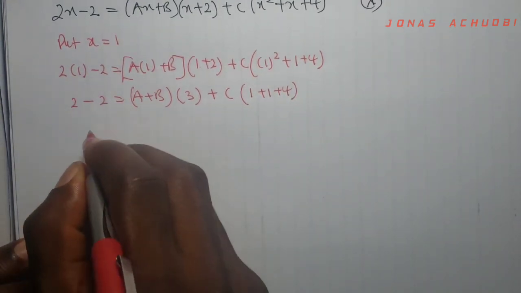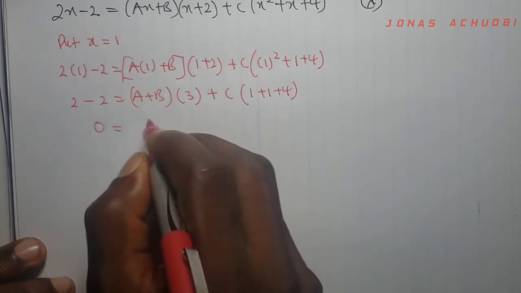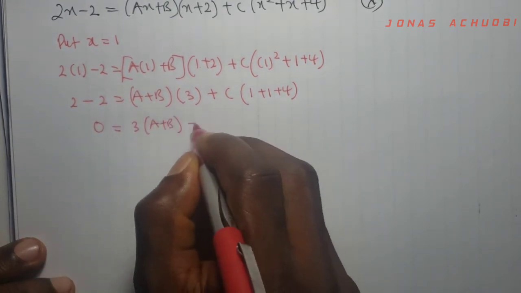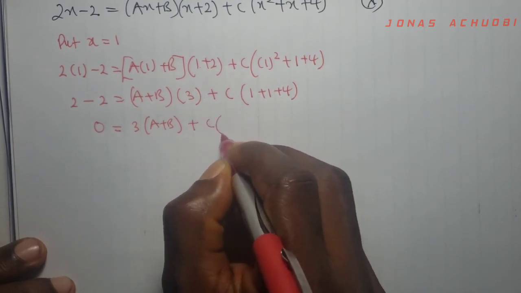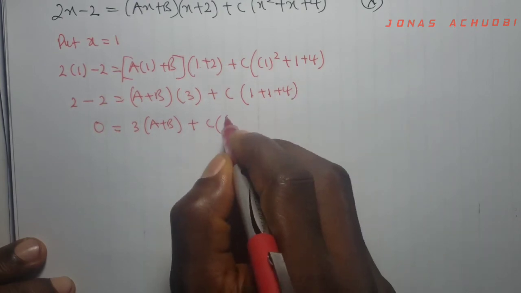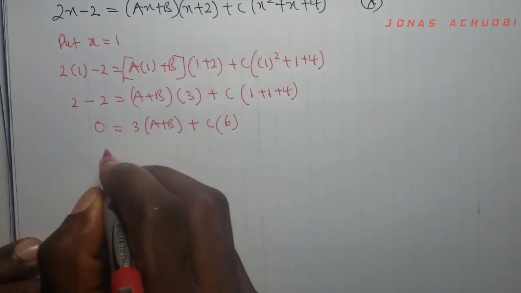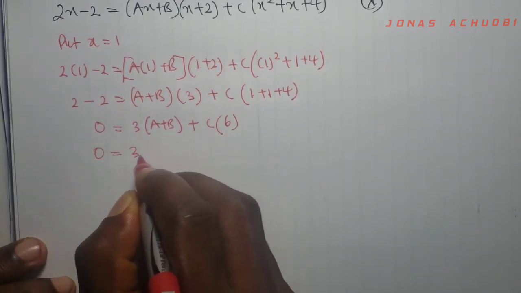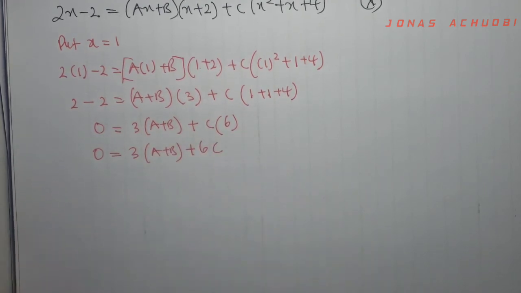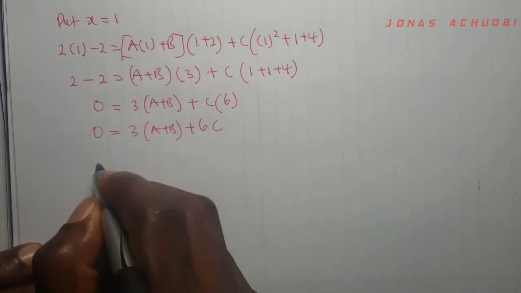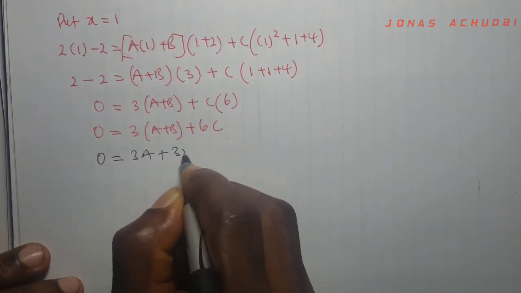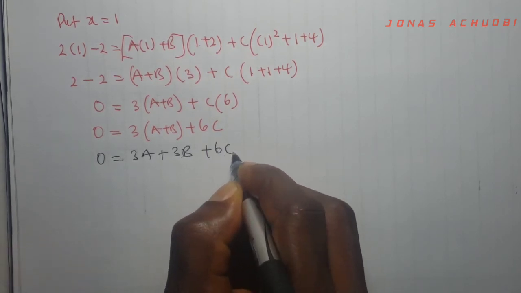So 2 minus 2 is 0 equal, we have 3 into a plus b plus c into 1 plus 1 is 2, 2 plus 4 is 6. So we have 0 equal to 3 into a plus b plus 6c. If we open up the bracket, we have 0 equal 3 times a is 3a plus 3b plus 6c.